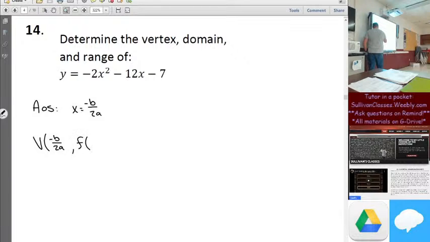So function of that. I know the symbols for it might look a little sketchy, but it just means, hey, plug it in. So negative b over 2a, I get a number. I plug that number in.